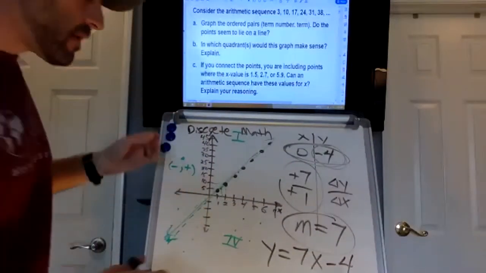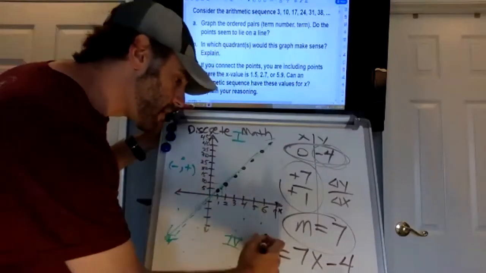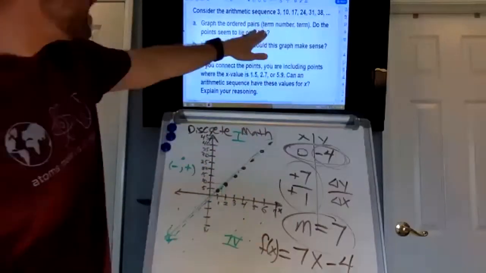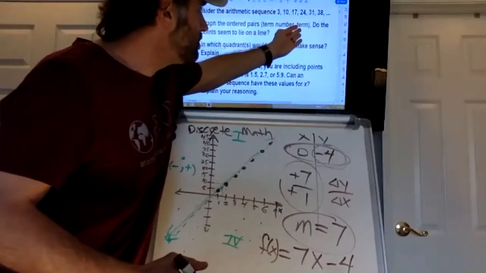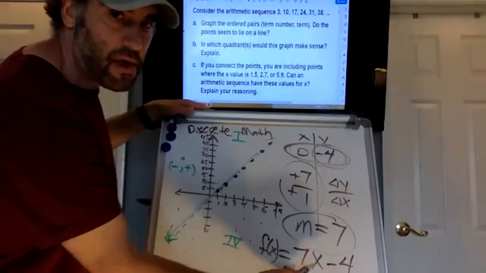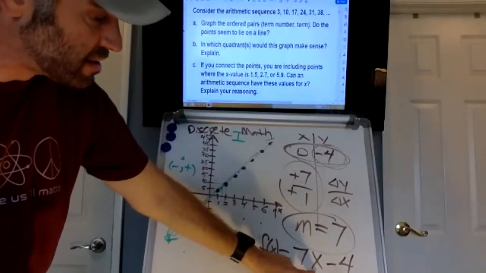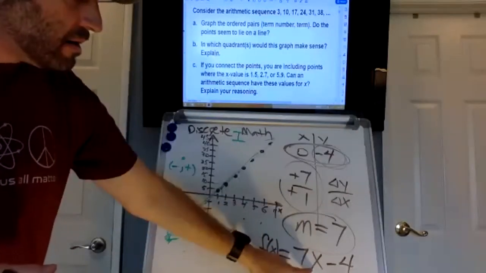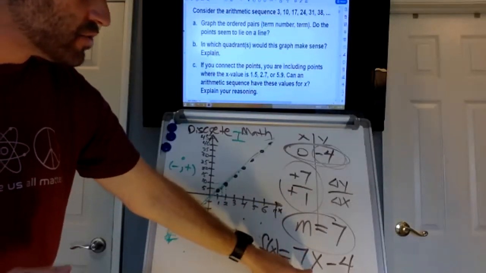Or I can write it in function notation. My result, which in this case is the term value, is going to depend on what term number you plug in. So if I want to know what the 99th term is, let's make something easy. Let's do the 100th term. All I have to do is 7 times 100.